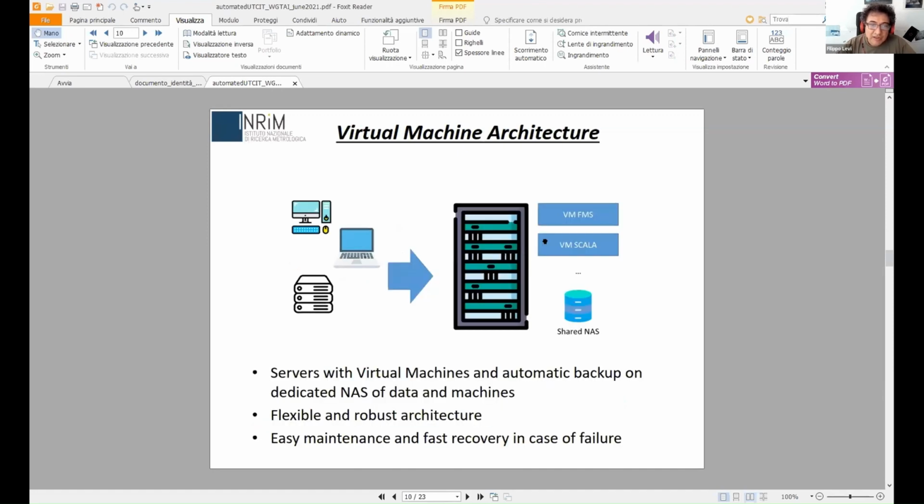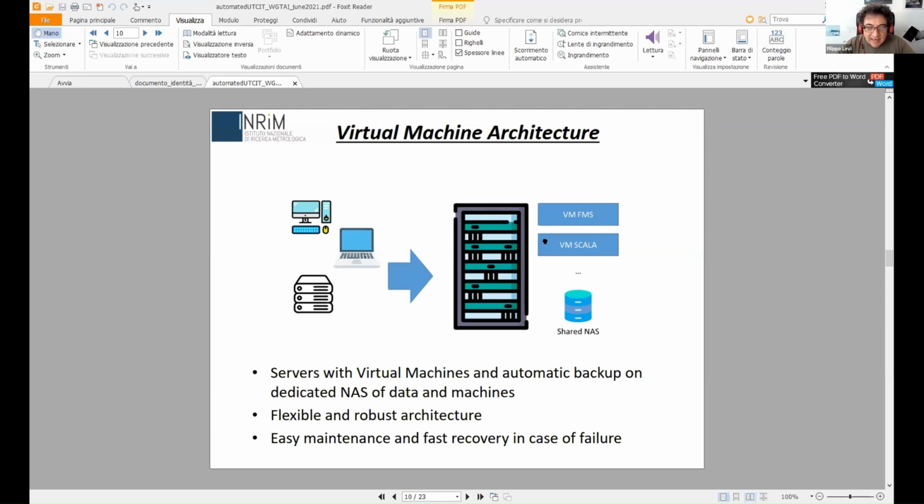We use a virtual machine architecture because it's easier to implement, and it is easier to update, upgrade, and replace, since it's all based on virtual machines, so we don't have a real machine. We have a certain number of servers. At present, we have 4 servers where the virtual machines are loaded.